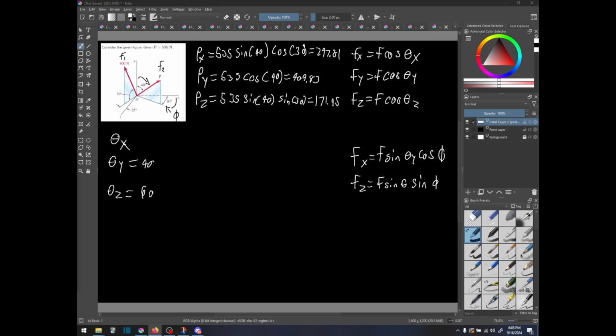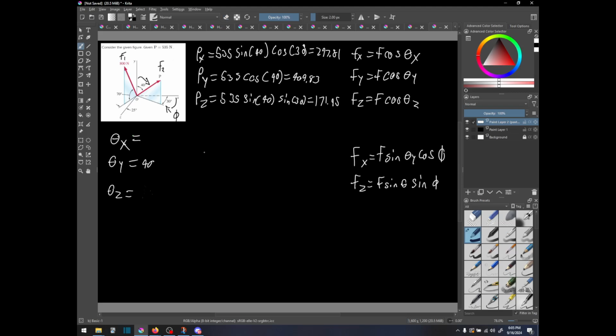Theta Z, I don't believe is going to be 60. I do know at least that theta y is 40, because we do need to know these three also.